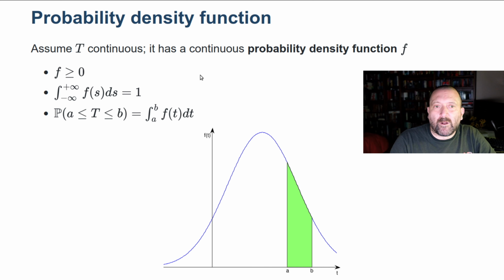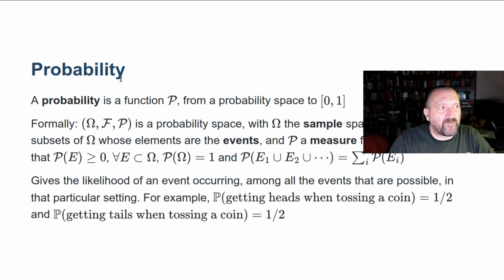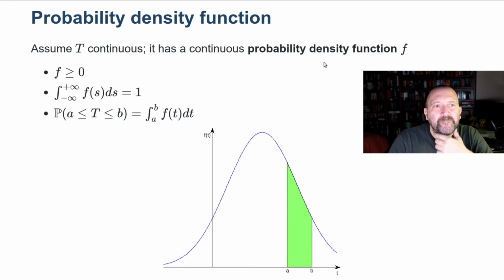It integrates to 1, because remember, probability goes from 0 to 1. With a continuous probability density function, you don't have the weight of one point, but you get the weight of an interval. So, for example, the probability that my random variable is between A and B is obtained by integrating the probability density function from A to B.